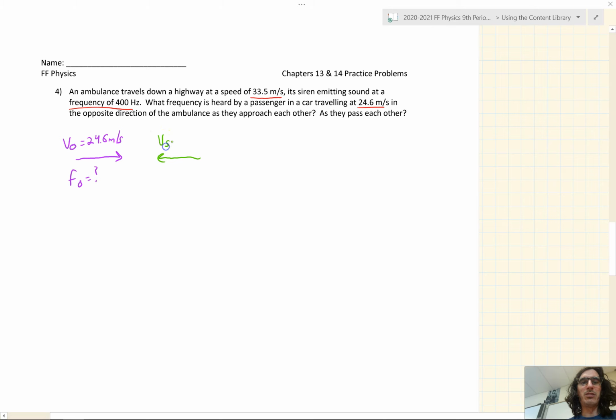The velocity of the source, 33.5 meters per second. And we know the frequency of the source is equal to 400 hertz. Let's assume that the temperature outside is at STP, which is 20 degrees Celsius, which means the speed of sound will be 343 meters per second.